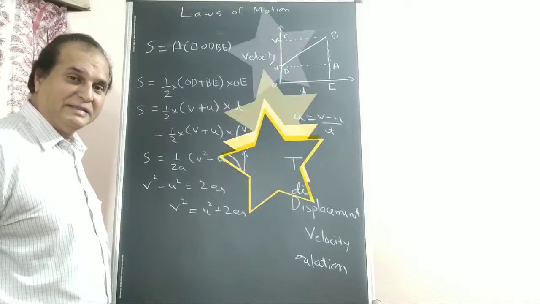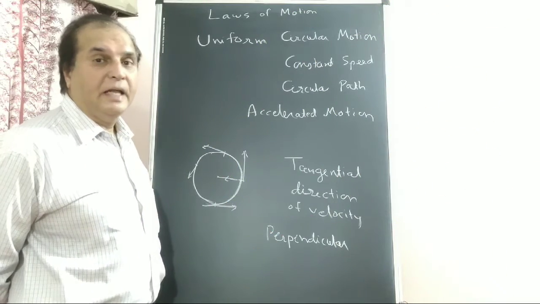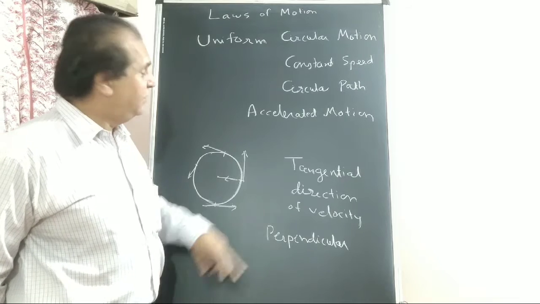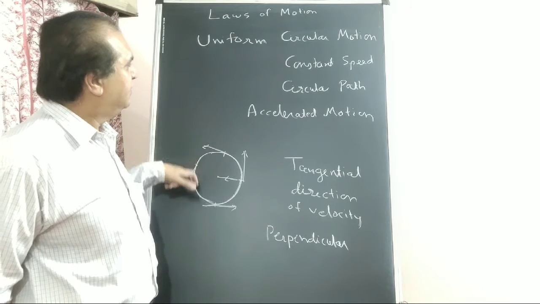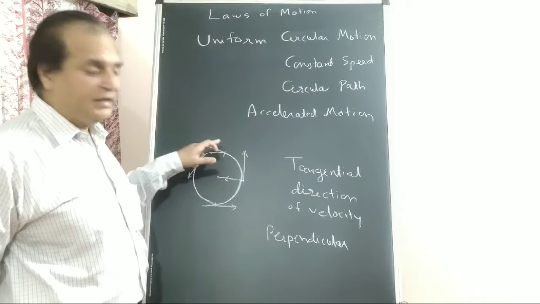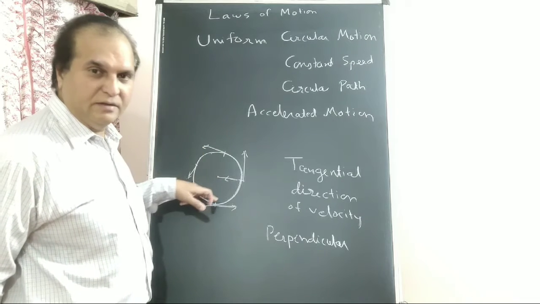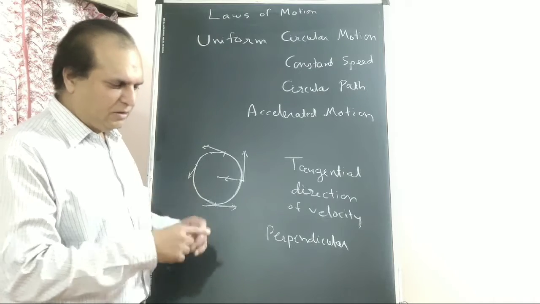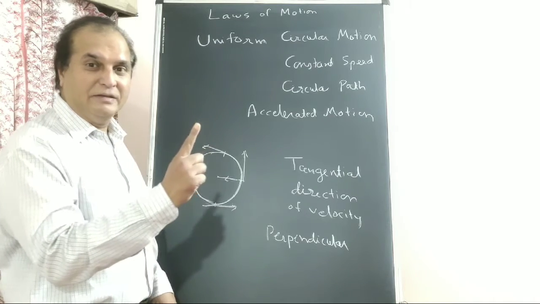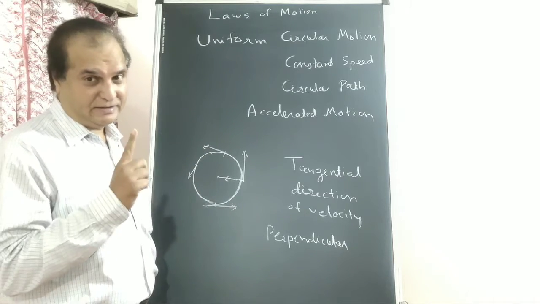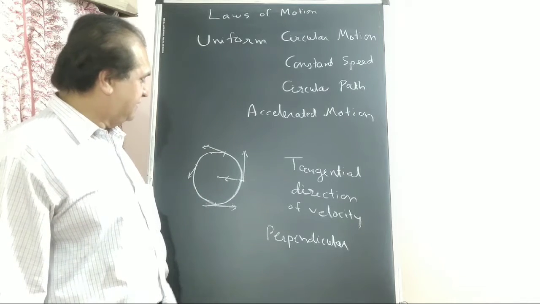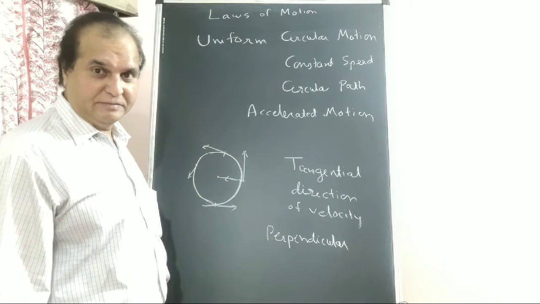We'll go ahead. Now I am explaining uniform circular motion. What is uniform circular motion? It has constant speed in a circular path. Whatever bob is rotating, the force is given from the center, and the direction of force is towards the center.